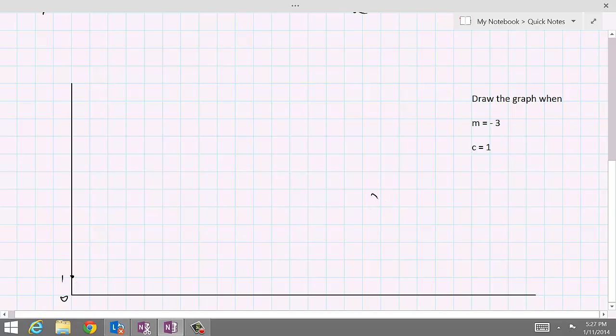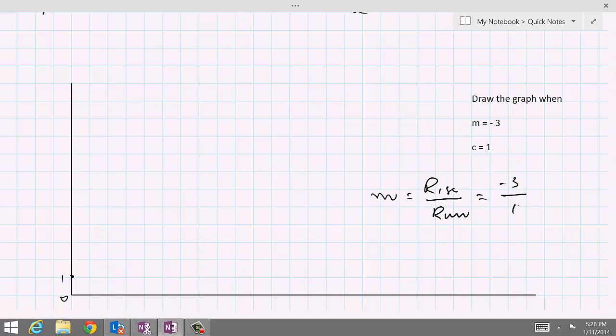So m, which originally is equal to rise over run, is equal to -3, and because 1 is the denominator, we can read it as -3 over 1, or we can read it as 3 over -1.